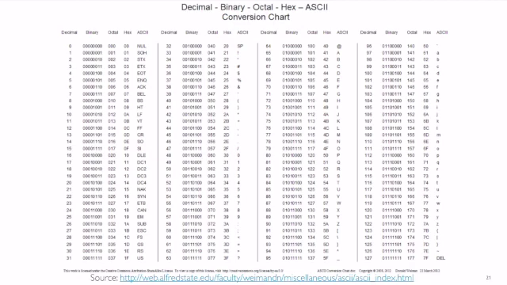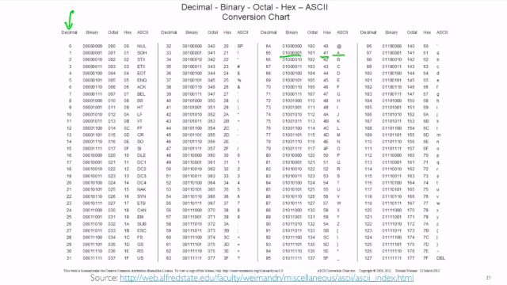Here, we will not be very much concerned with the decimal value, although knowing the decimal value helps. The main value here is the binary. So for example, if we look at the character A, the agreed upon binary value of this character is 01000001, and in hexadecimal, this value is 41.